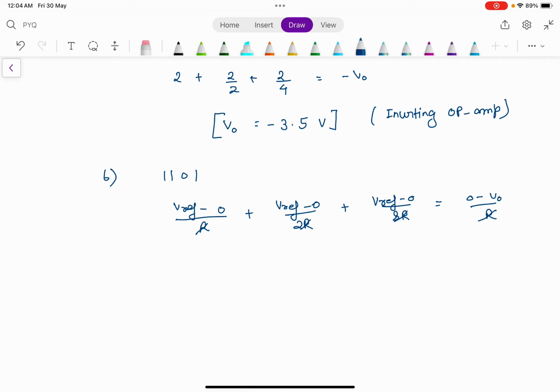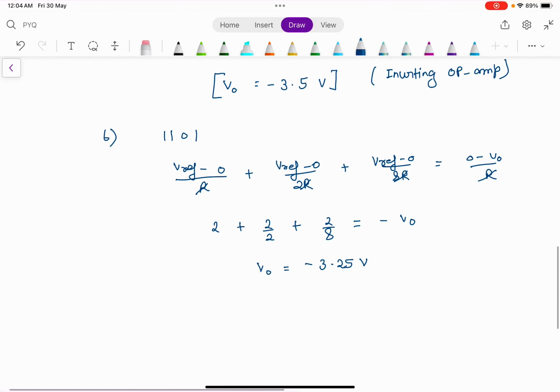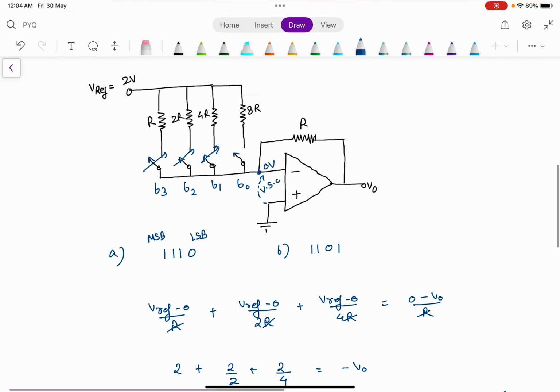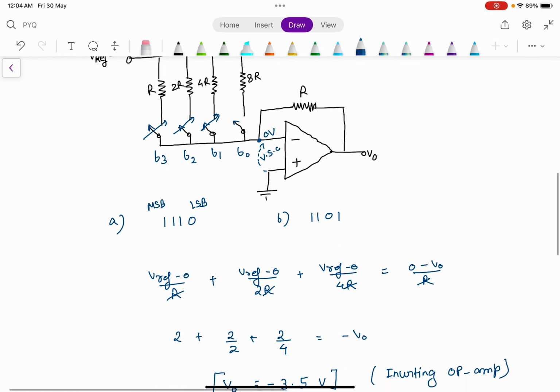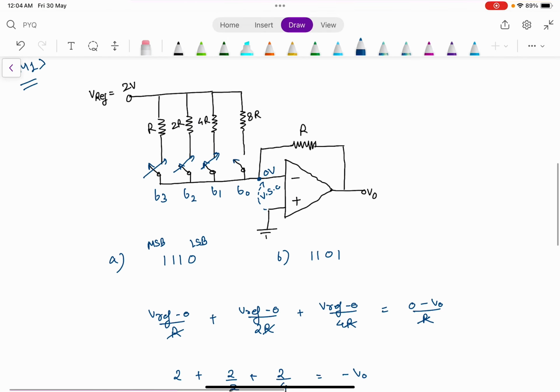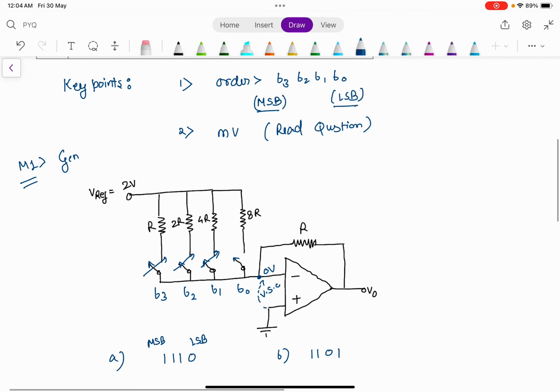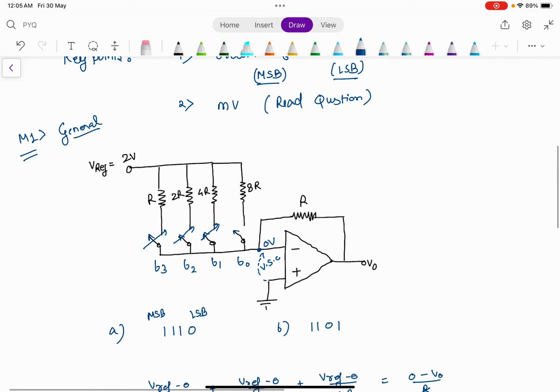Vref is 2 volt, so 2 by 2, and 2 by 8, equals minus V0. V0 comes out to be minus 3.25 volt. You see that it is a little bit of a long process, but this is method 1. I will go with method 2, which is much shorter, but before that, this is the general way, so one has to know this method as well.